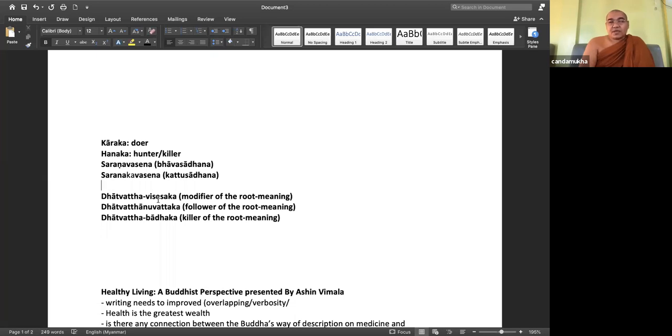For example, by adding anu to sati, you interpret it as remembering or mindfulness. There is no change at all. Also, by replacing it with another prefix, that is pati, there is no change at all in the sense of mindfulness. In that case, it will be called Tadattha Anuvadaka.